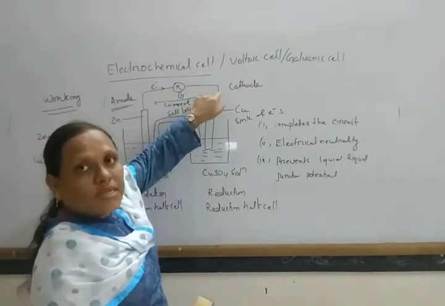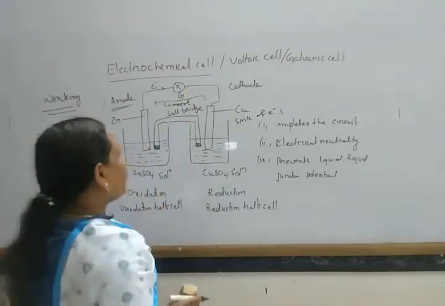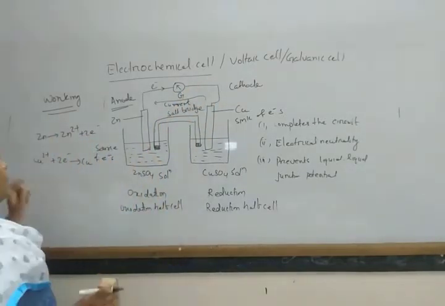From the deflection of the galvanometer, the flow of current can be known. So this is the working process.